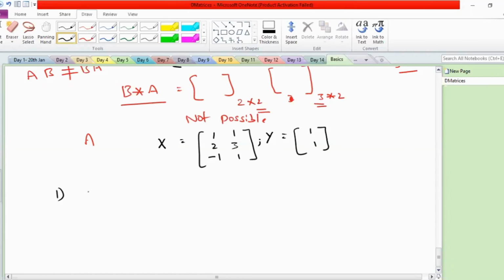So slowly I'm taking you into the matrix algebra. Okay. 1: X transpose X. 2: X transpose X multiplied by X transpose into Y. 3: X multiplied by X transpose X and X transpose.